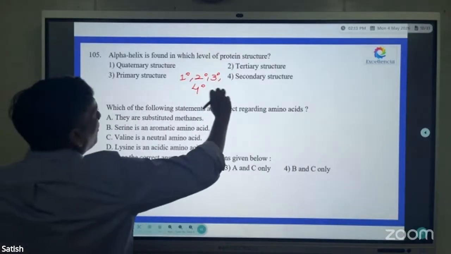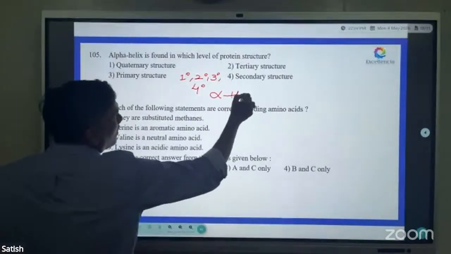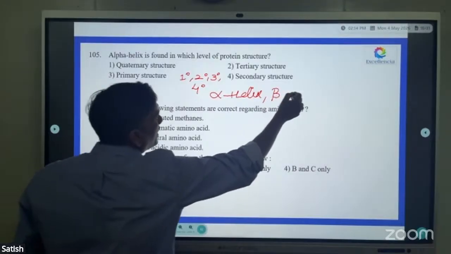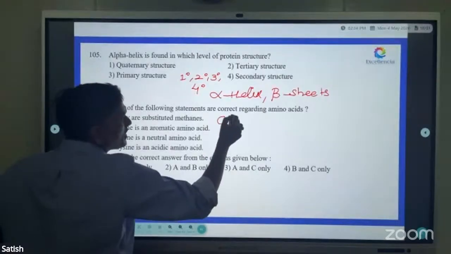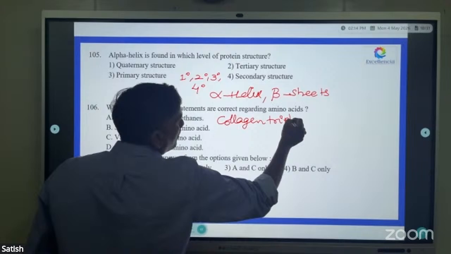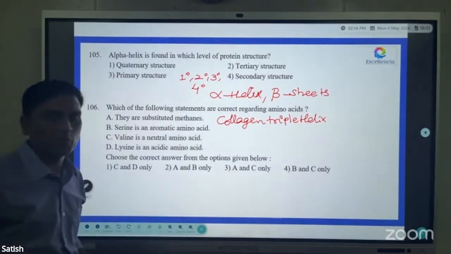Here, alpha helix and beta sheets. So 2 types are there: alpha helix, beta sheets, and one more structure also there: collagen triple helix. So these are the 3 types of secondary structure of proteins.